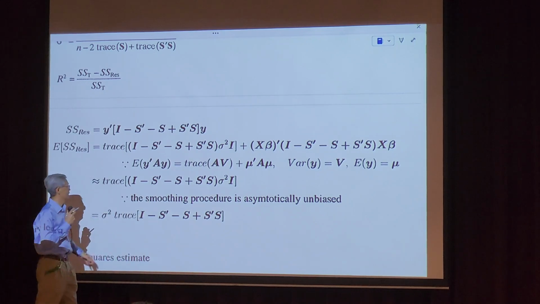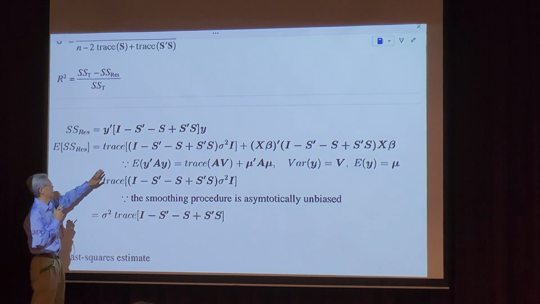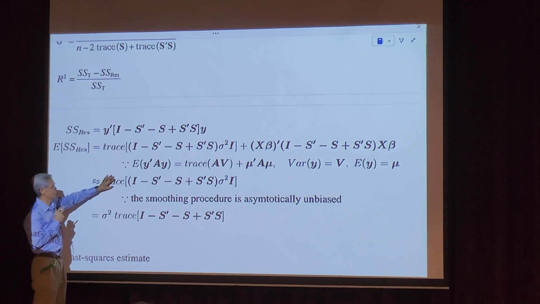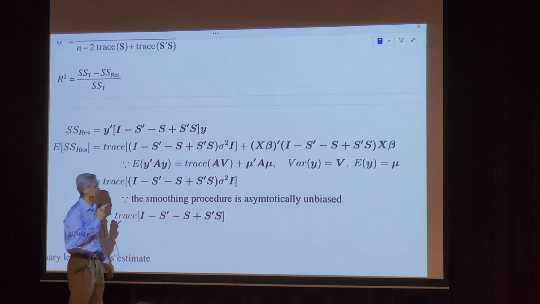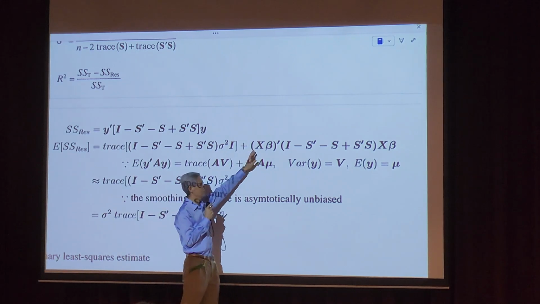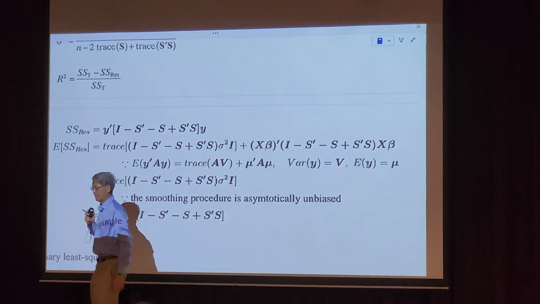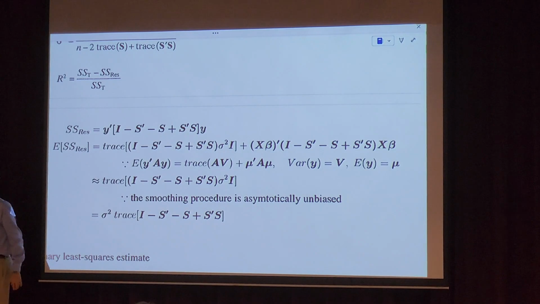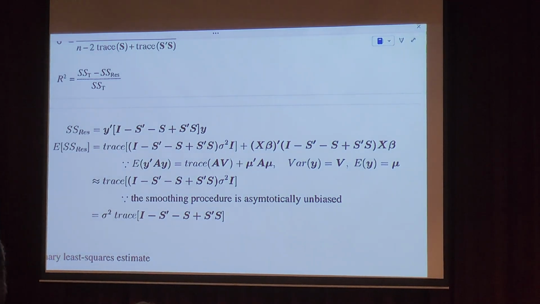And now I say that it's approximately equal to the first one. The second one disappears. Actually, the second one is not equal to 0. But asymptotically, that means if you let n increase, the second component will converge to 0.